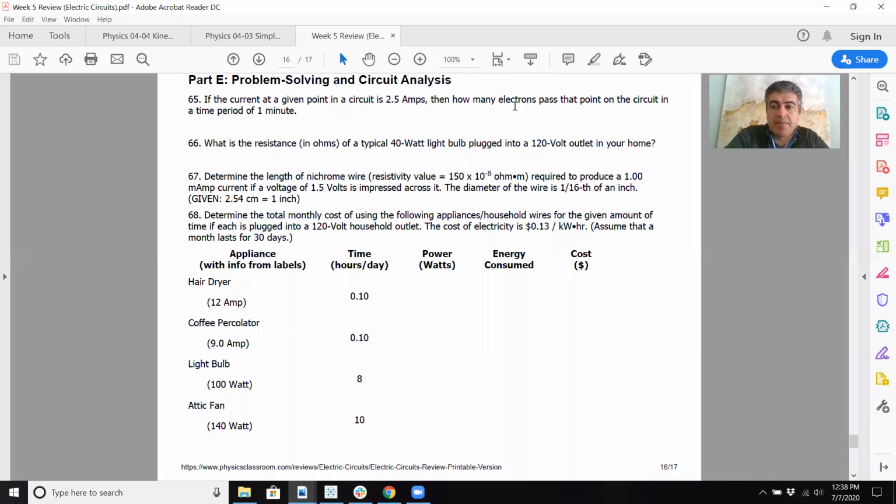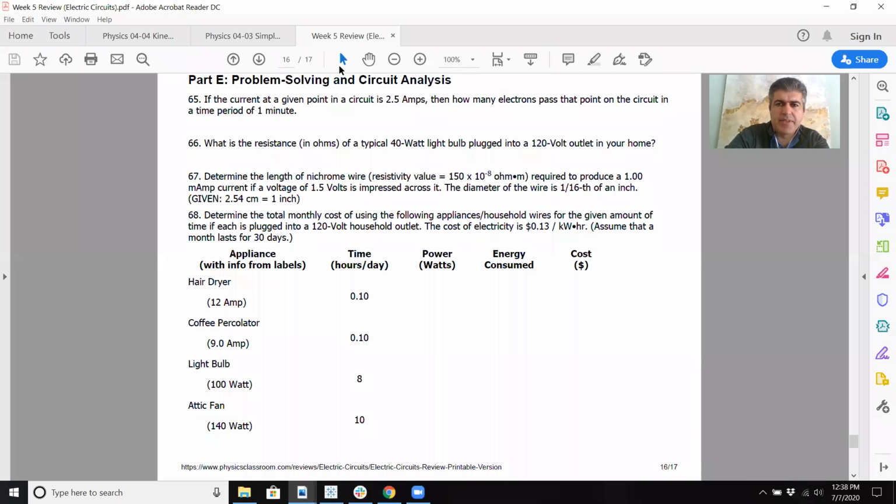So for 65, if the current at a given point is 2.5 amps, how many electrons pass that point in the circuit in a time period of 1 minute? Okay, so this is one thing I didn't quite go over with you guys, but remember, 1 ampere is 1 coulomb per second.